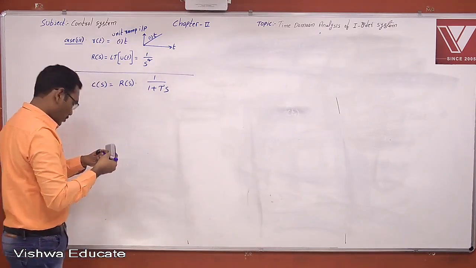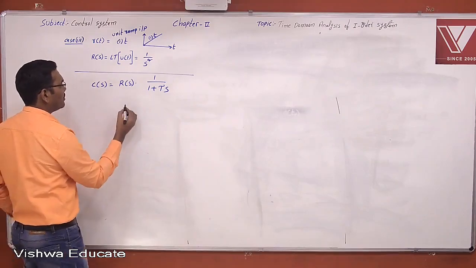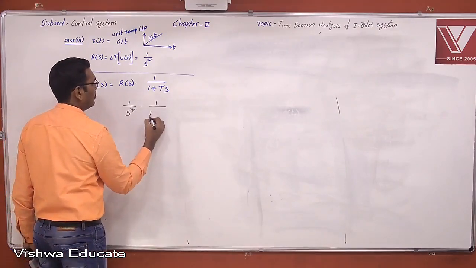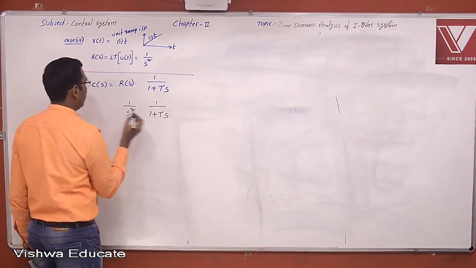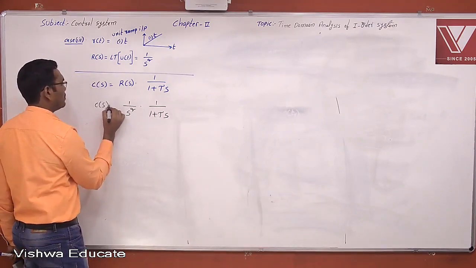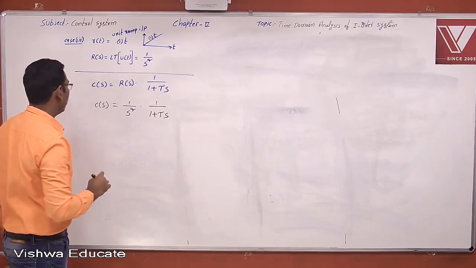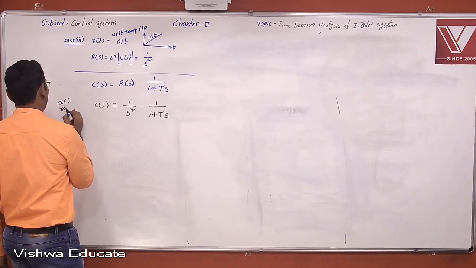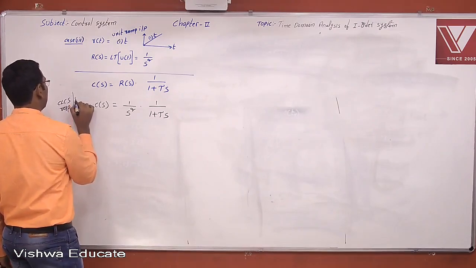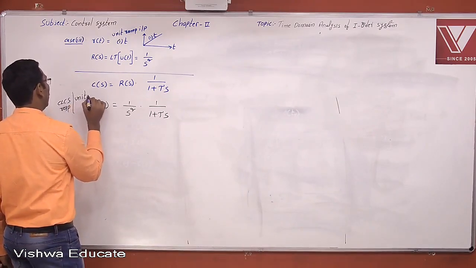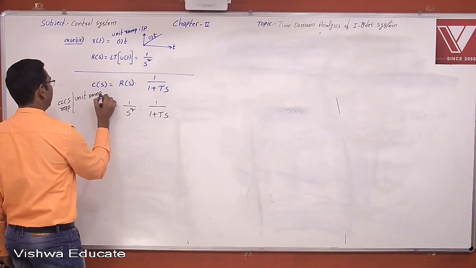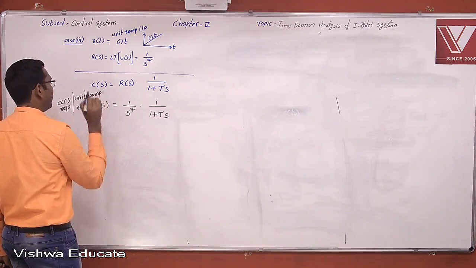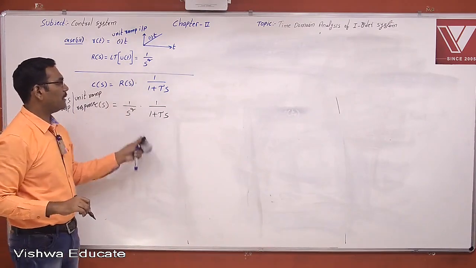So the reference input is 1 by s square, times 1 by 1 plus tau s. Now, students, this is the closed loop control system response. Therefore this is nothing but the unit ramp response, the response after applying unit ramp input.